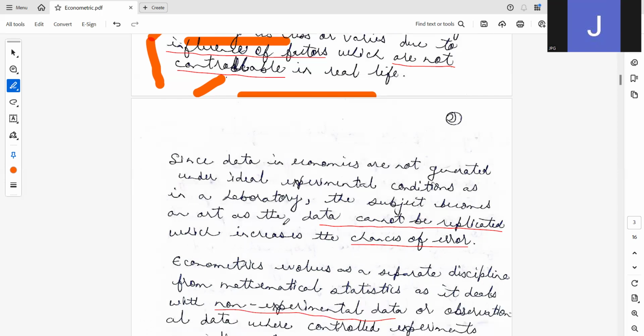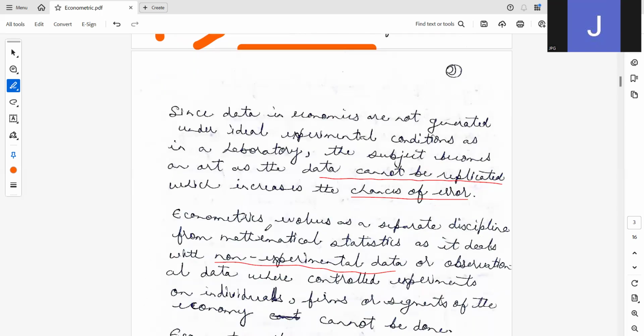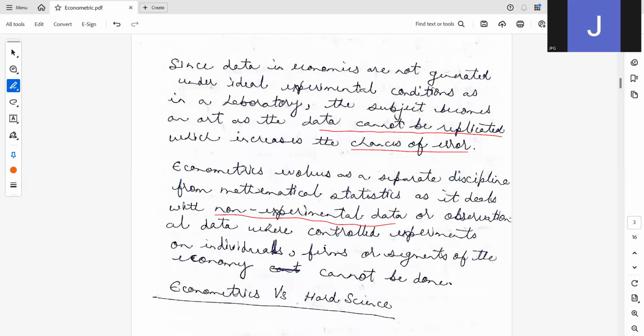So economics is related to what is going on in your economy, and that economy keeps on changing, it keeps on moving with time. Since it keeps on evolving, you have data which cannot give you a 100% accurate answer, right?